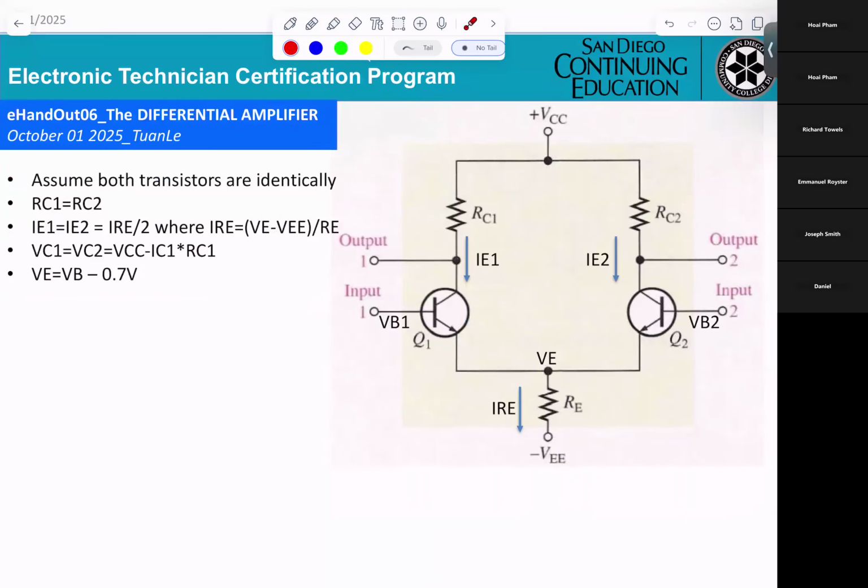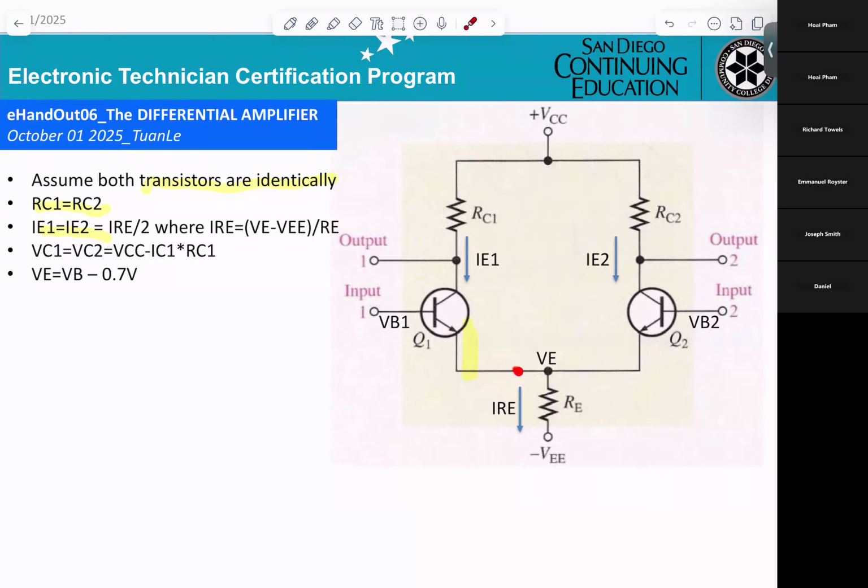Now to see what they're telling you here. Assume both transistors are identical, so everything will be the same: RC1, RC2, same thing. IE1, IE2. This is the IE1 here, and this is the IE2 here. Equal IRE means the current going through RE is divided by 2.